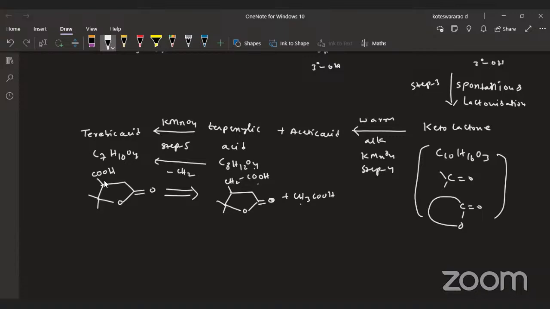When the two carboxylic acids are generated, that molecule is existing with the keto group. Therefore, the compound is the ketolactam. This is the terpenoic acid, terebic acid, terpenoic acid. This is acetic acid. Now, from that, you combine the acetic acid and terpenoic acid at the junction of this acidic group by adding a simple keto group.